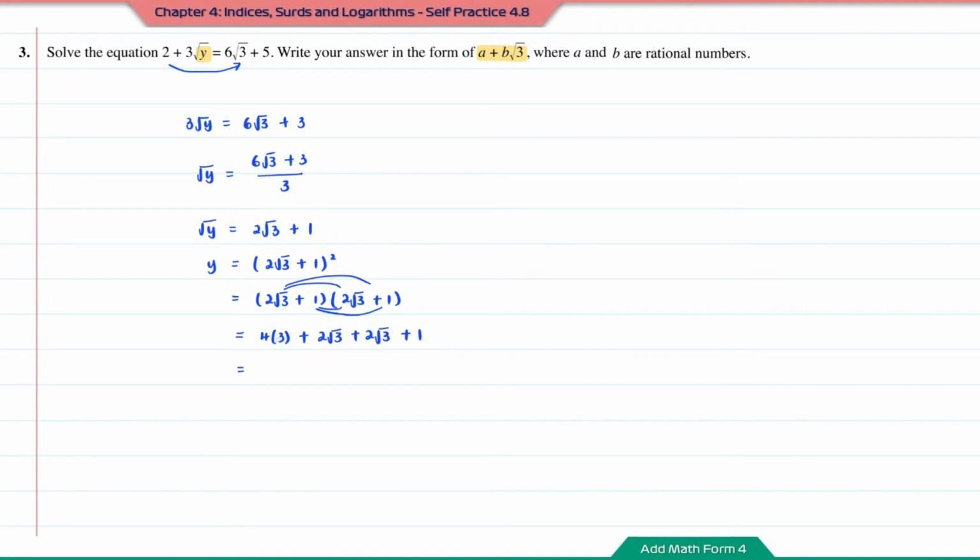So here 4 times 3 is 12, plus this one, you're going to have 13. And these are similar terms, so we can add them together. Therefore, you're going to have 4√3. So this will be the value of y, and it's already written in a plus b√3 form.